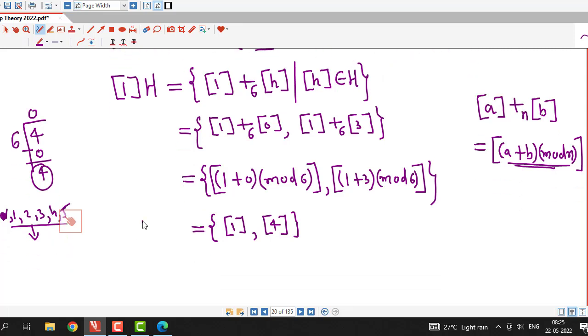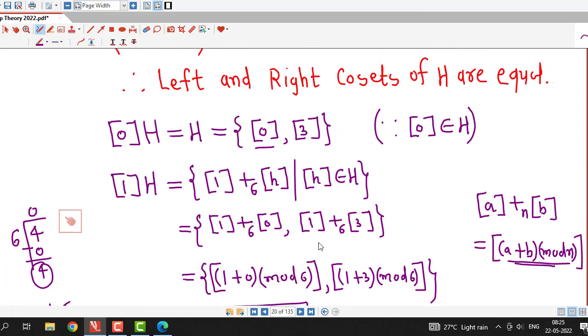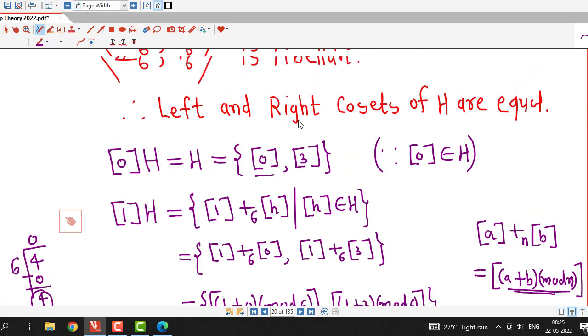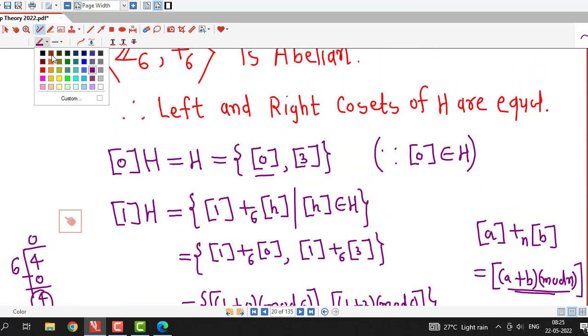So we have obtained the left coset corresponding to the equivalence class generated by 1, and it has two elements, 1 and 4. Here we have 0 and 3, and we can write left cosets and right cosets in parallel because they are always equal.